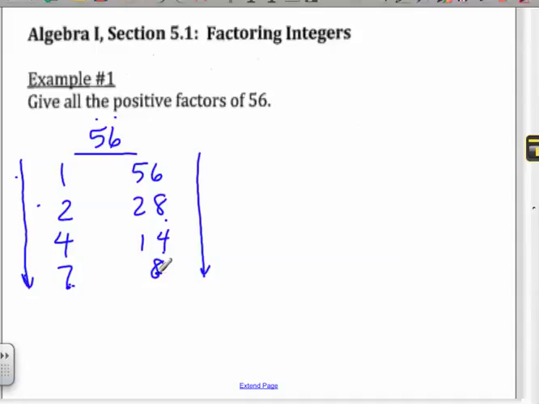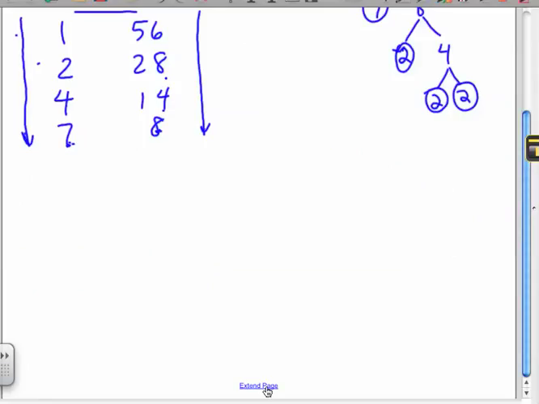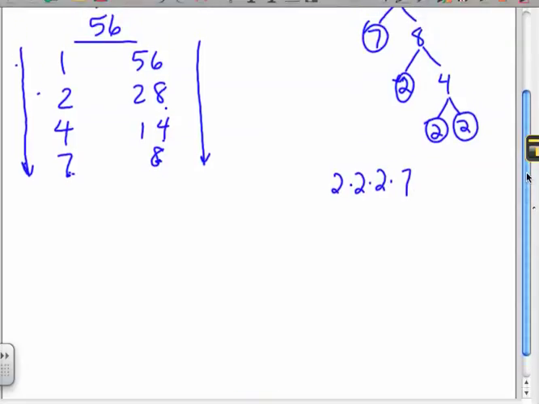Okay? Now, let me show you something else here real quick. Let's take 56, and you'll remember the factor tree. I'm just going to say 7 times 8, and then that's 2 times 4 and 2 times 2. Okay? So here are all my prime numbers that make up 56. 2 times 2 times 2 times 7. Okay?